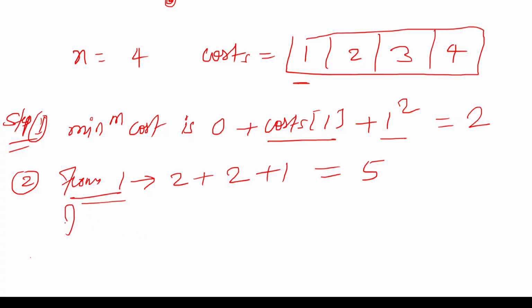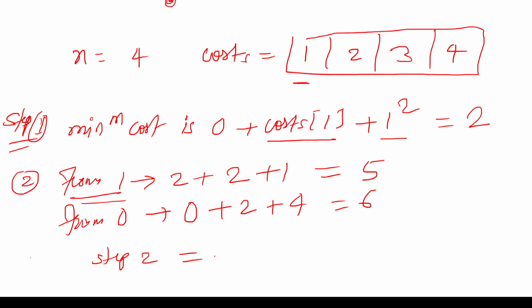When we start from 0, it is 0 plus 2, and 2 to the power 2 is 4, so we get 6. So in step 2 we have 5, because we need the minimum. Let's understand the next step.